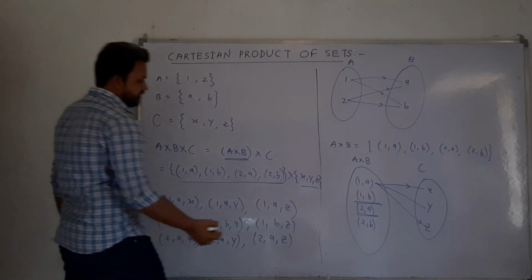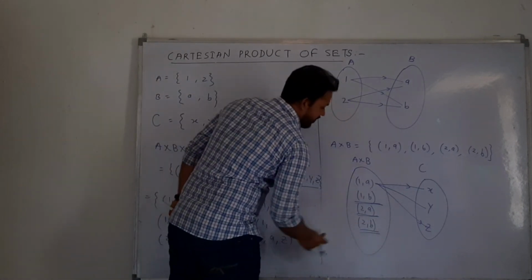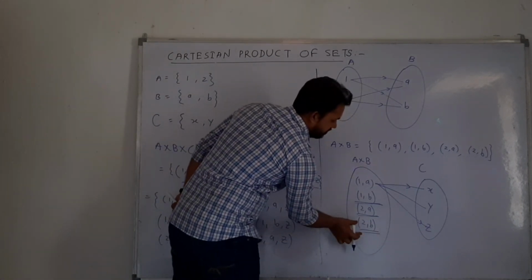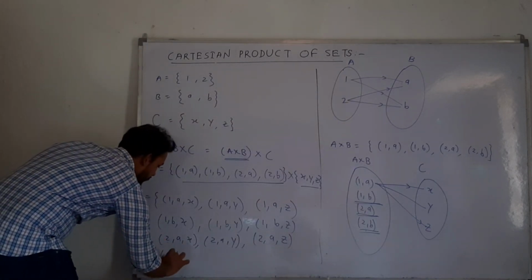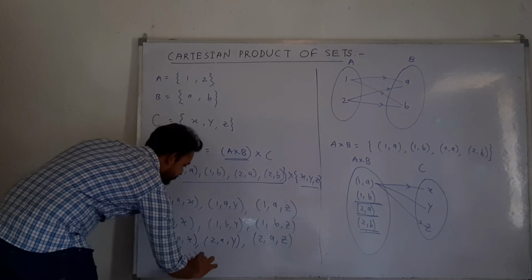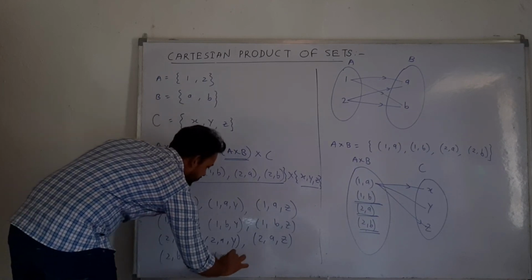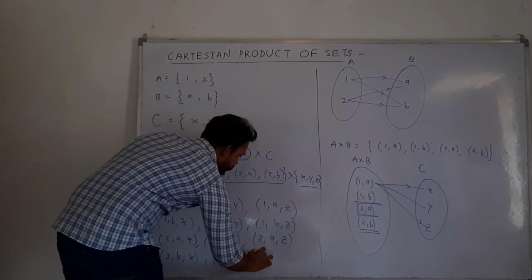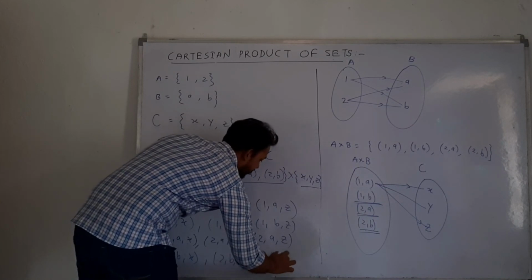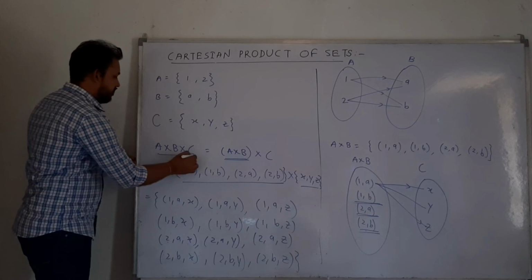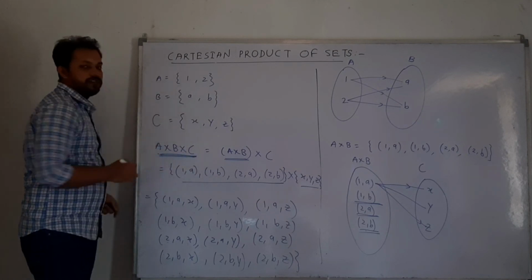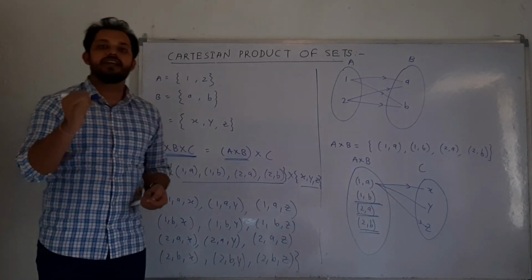After that, we will find all the ordered pairs from the last element: (2, b, x), (2, b, y), (2, b, z). And this set is called the Cartesian product of three sets A, B and C.